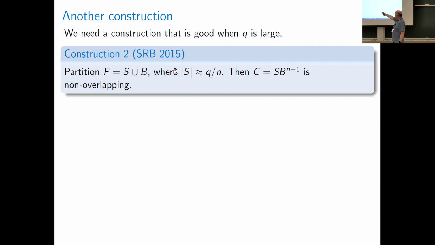The small elements are about 1 over n of all the things in the alphabet, and the big elements are the remaining n minus 1 over n. Then I take the code words, which consist of a small element followed by n minus 1 big elements.